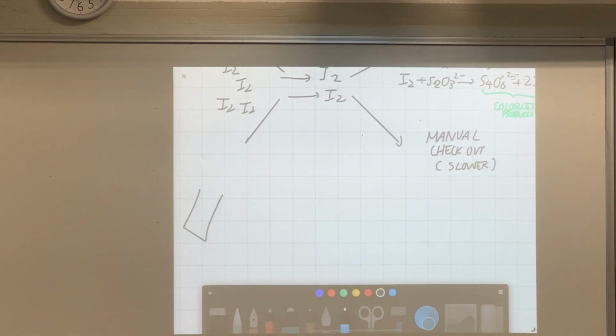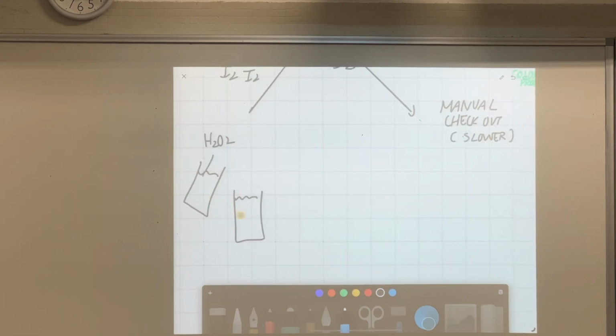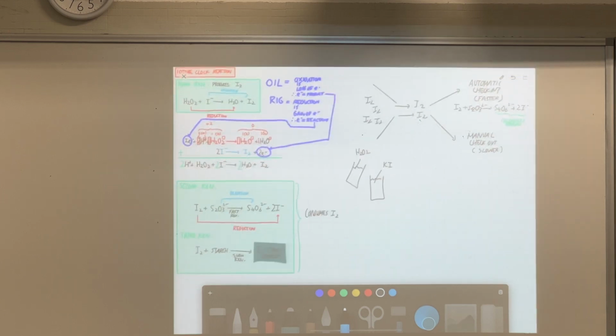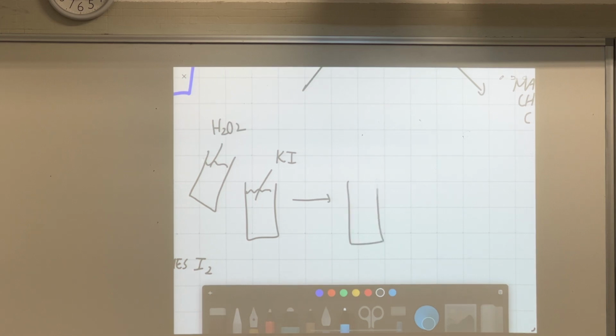So now I can draw this. Can you draw hydrogen peroxide in one container? I will show you the video again, but later when you watch the video, you need to know what those containers contain. One contains KI, which is a source of I minus. The KI solution will react with hydrogen peroxide to first form some iodine.